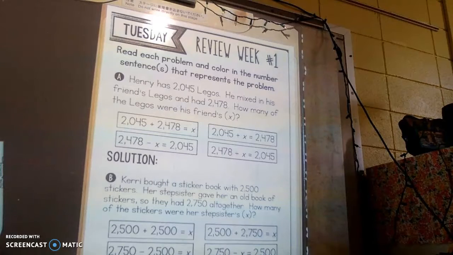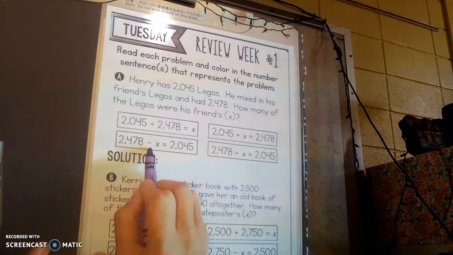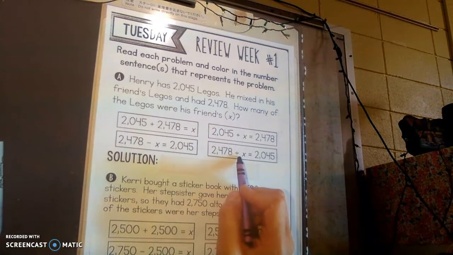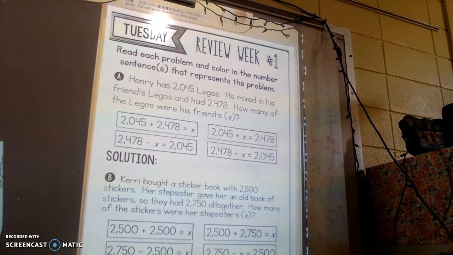So I think I can probably decide that I don't want to subtract in this number sentence, and I also probably don't want to divide in this number sentence because both of those choices would make my number smaller.